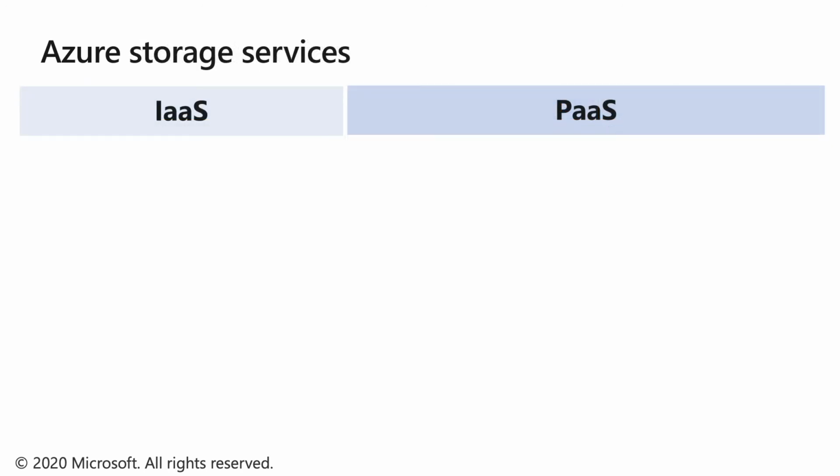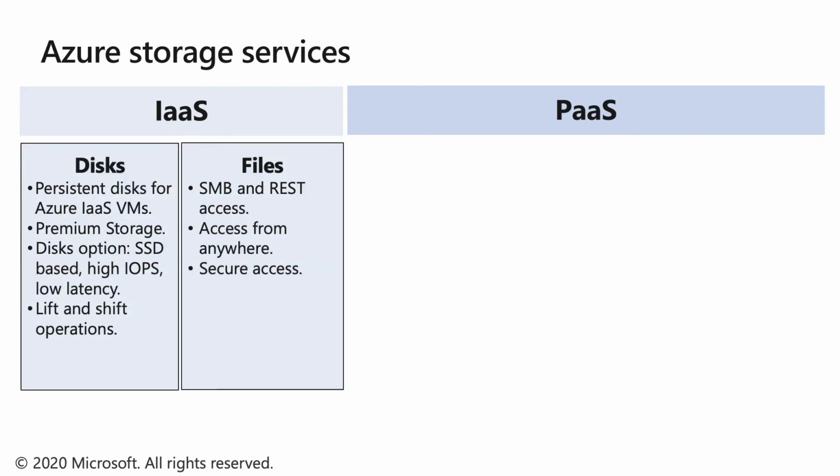So Azure Storage Services, if we break these down into infrastructure as a service and then platform as a service to segment them. In terms of disks for IaaS, you've got persistent disks for Azure VMs.